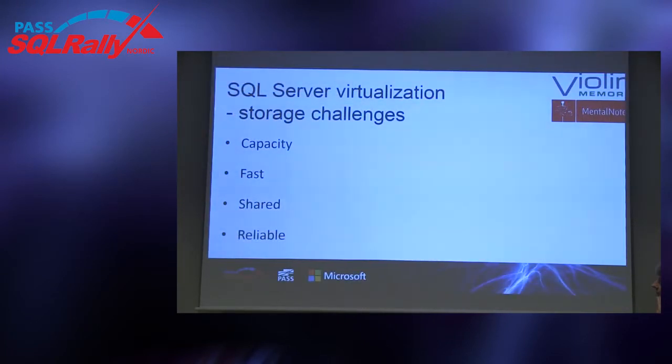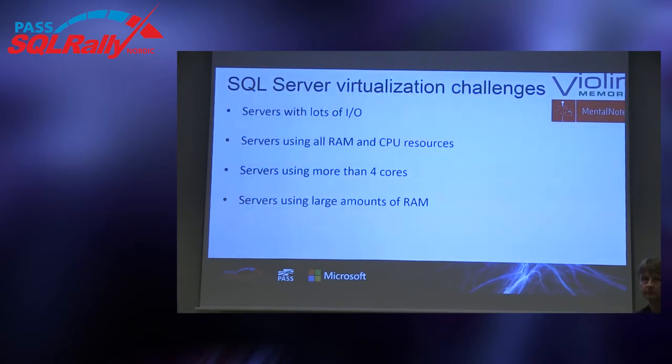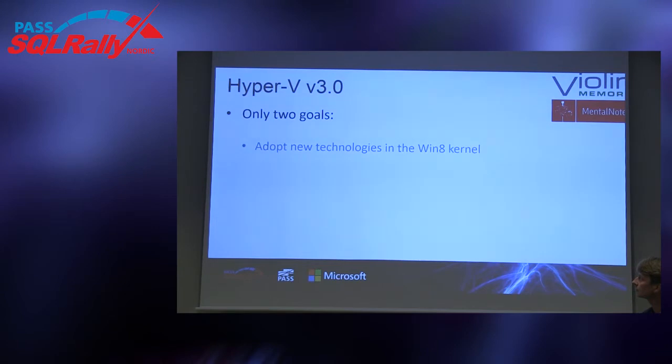So quickly going on, virtualization, that's also happened a lot in there. But typically we didn't have the I/O when we virtualized SQL Server, and everybody wants to virtualize. We have solved all the stuff about CPUs and number of cores, but Hyper-V version 3 and also Windows Blue had these things of, of course, adopting new technologies, but also being the best hypervisor for SQL Server.